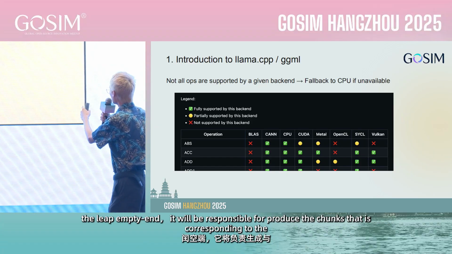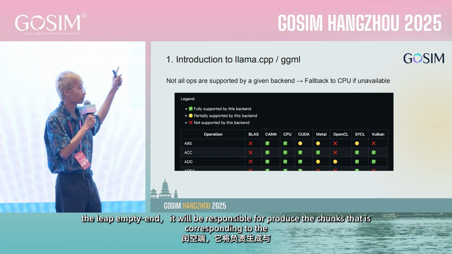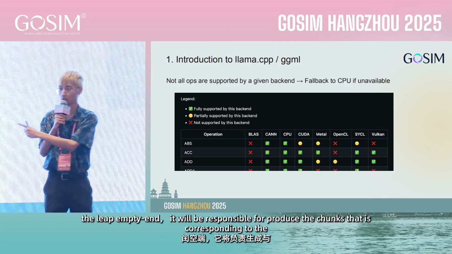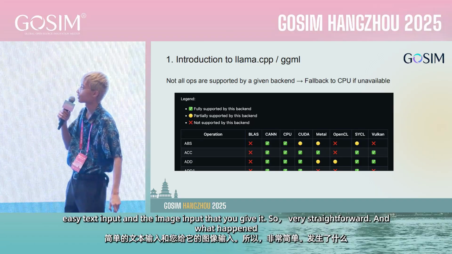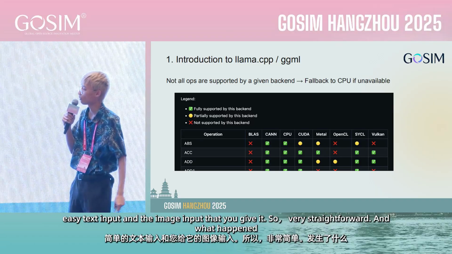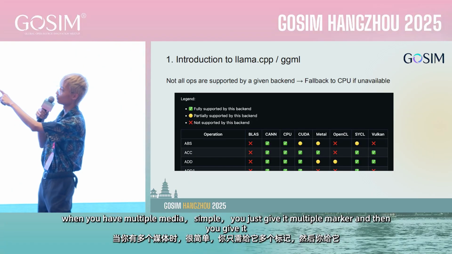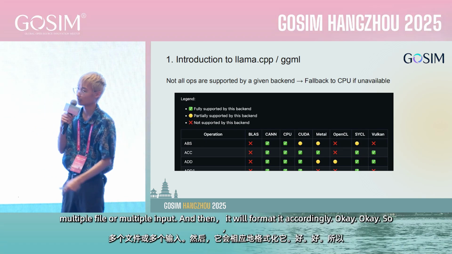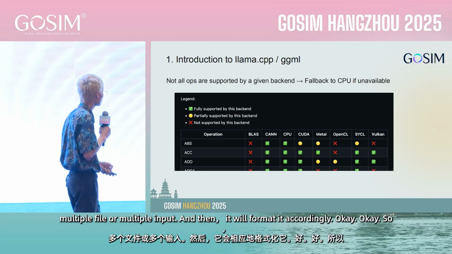And then libmtmd will be responsible for producing the chunks that correspond to the text input and the image input that you give it. So very straightforward. And what happens when you have multiple media? Simple. You just give it multiple markers, and then you give it multiple files or multiple inputs, and then it will format it accordingly.